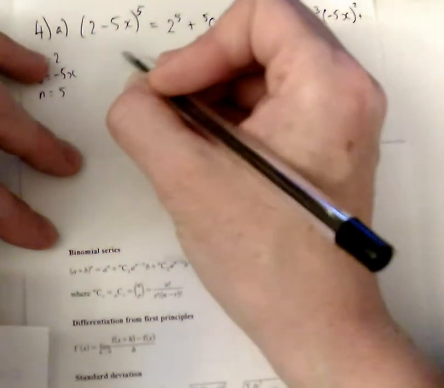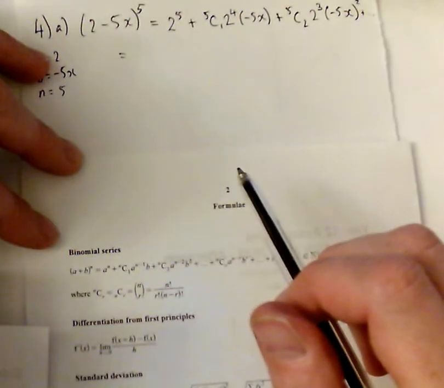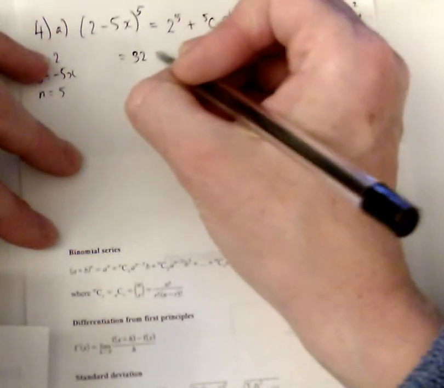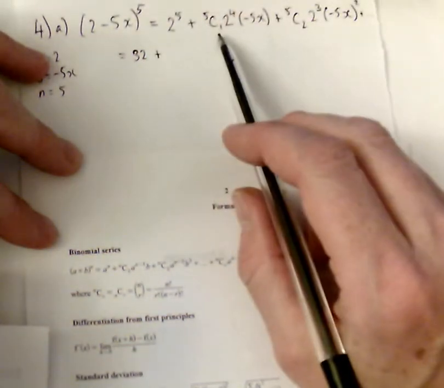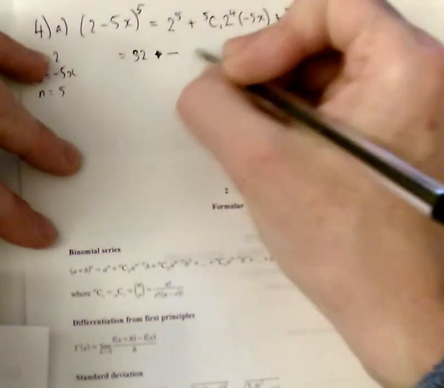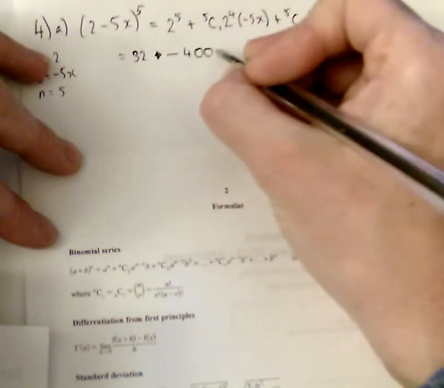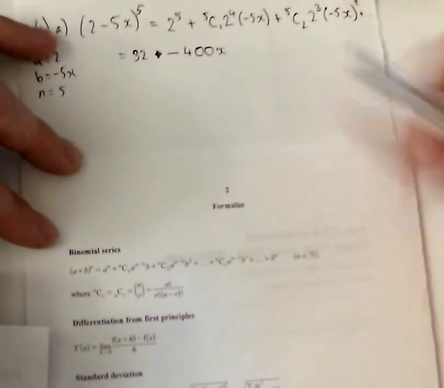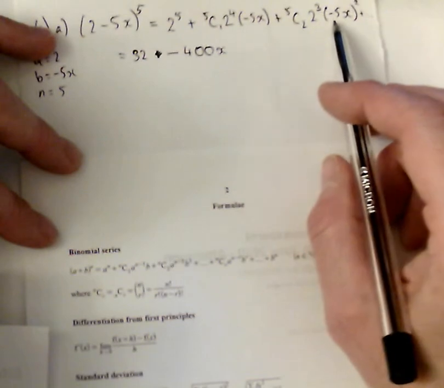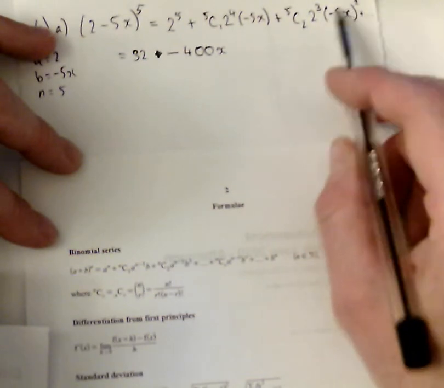So all we have to do is work out some of these numbers and tidy it up. 2 to the 5 is 32. 5 choose 1 is 5, 2 to the 4 is 16, multiplied by negative 5. So in fact, this is going to be negative 400x. And then our third term, 5 choose 2 is 10, 2 cubed is 8, negative 5x squared.